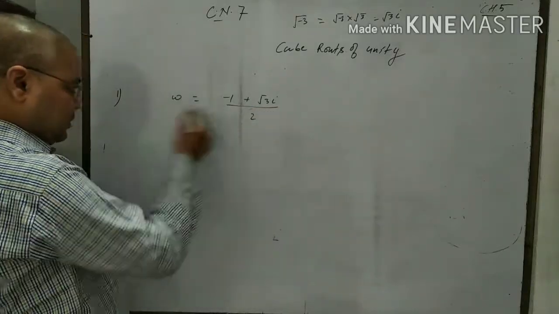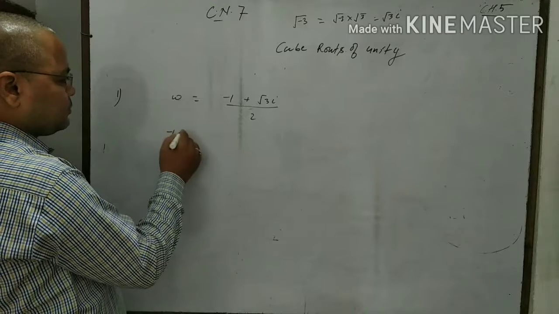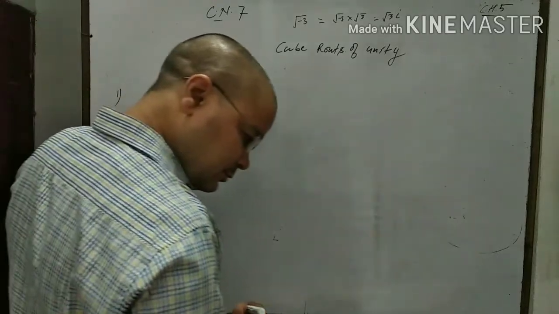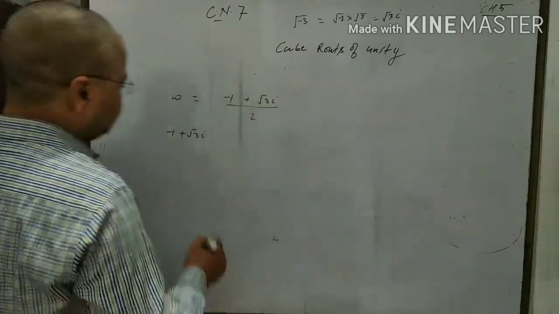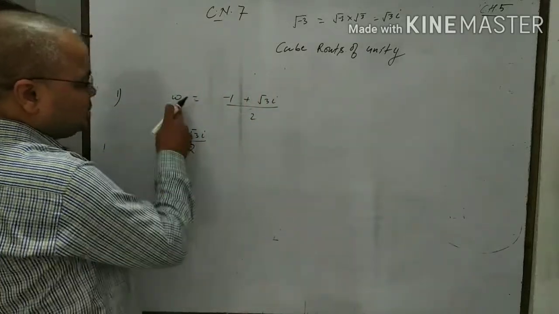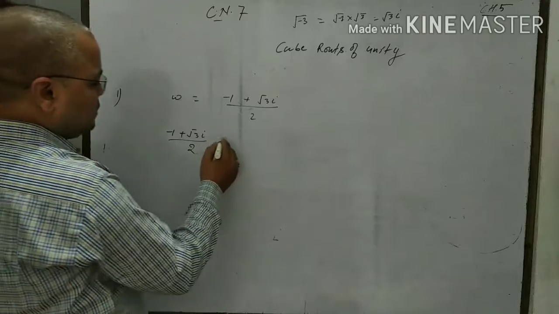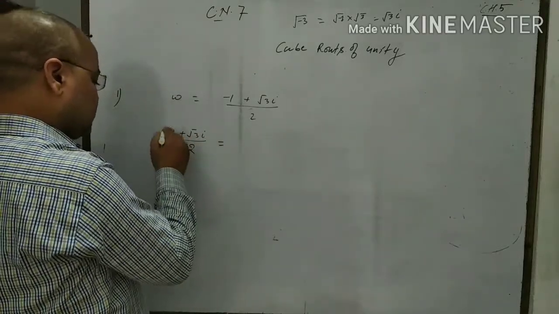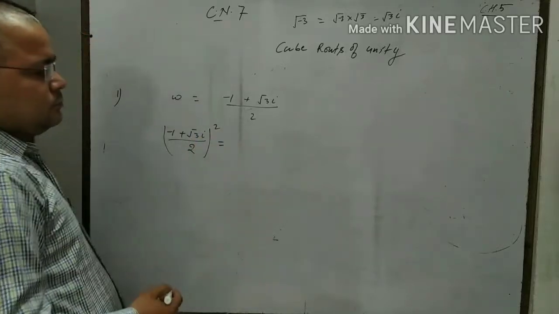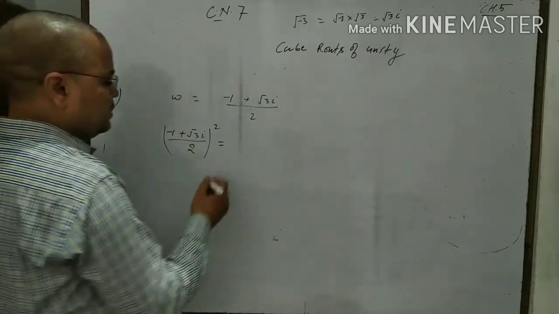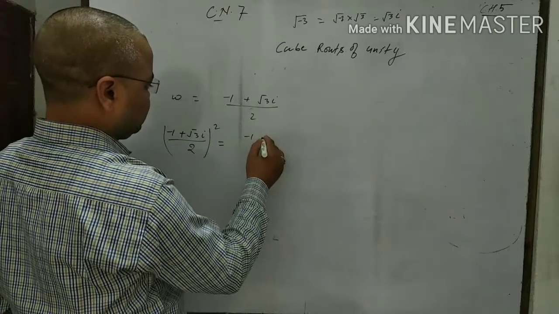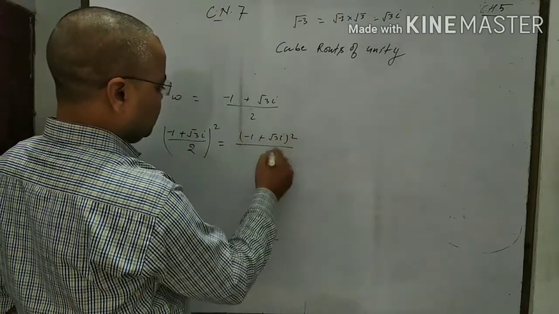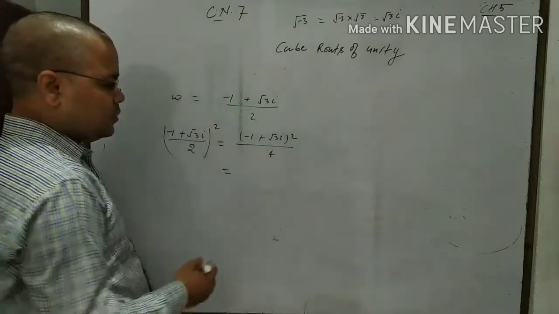If we square this value, root 3i by 2, which is omega, this implies that squaring on both sides, then -1 plus root 3i whole square by 4, and its value is what?